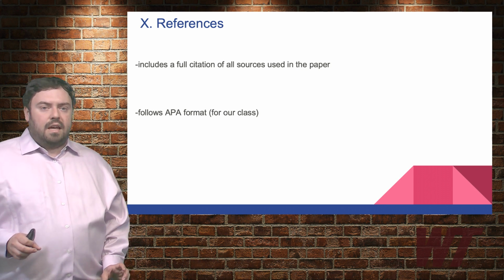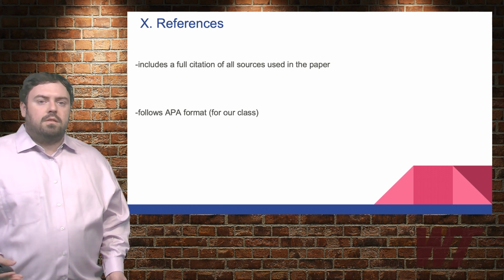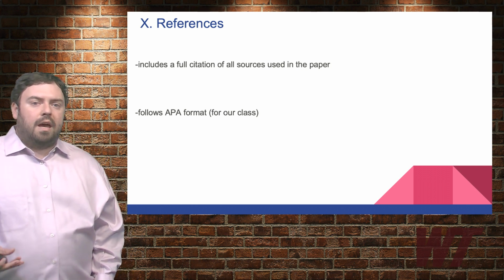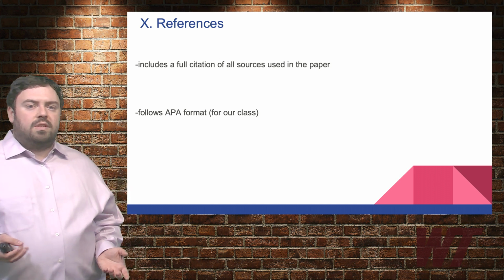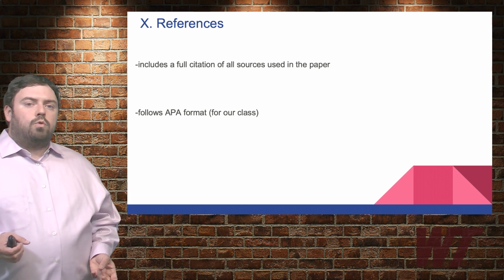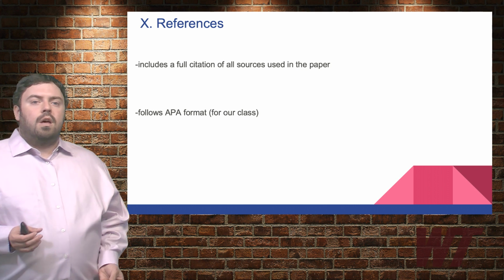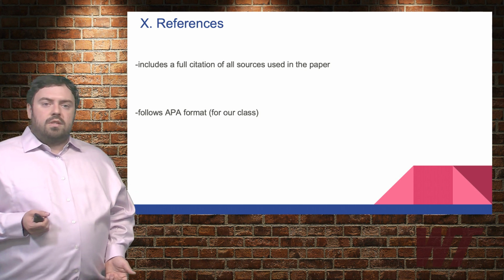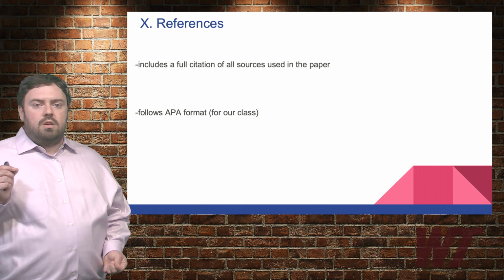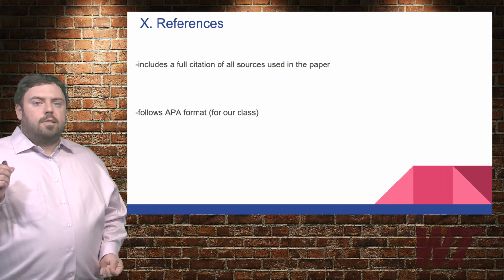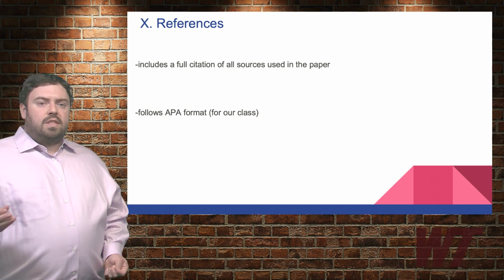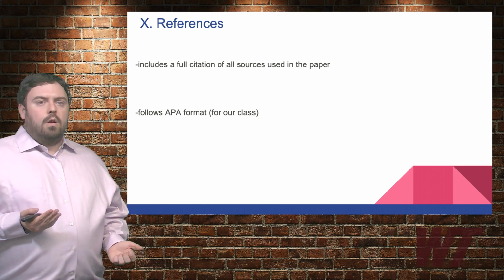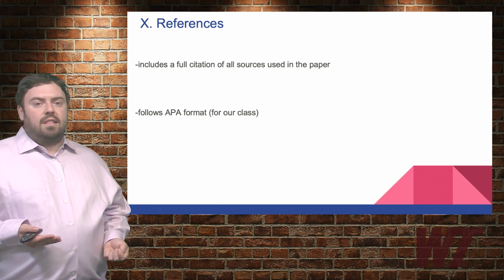Instead, the references section, also called the end references section, depending on what format you use, APA or MLA, will include full citations of where you got your sources. So all of the in-text citations that you had within your paper, explaining which specific author said what, you are going to then provide the full reference of where you could get that resource.